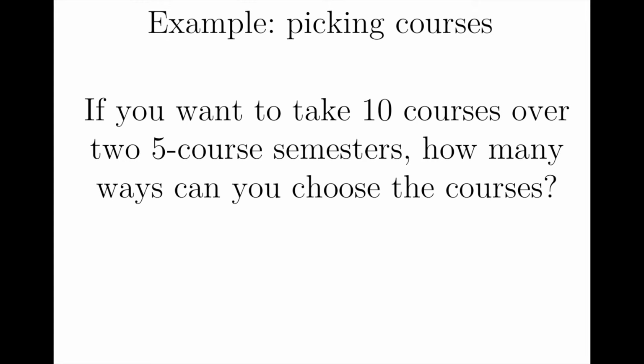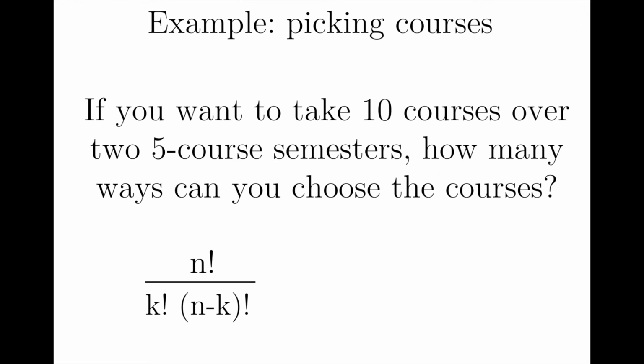For a more concrete example, we can think of picking 10 courses to take over 2 semesters, where you take 5 courses each semester. We'll assume that you don't have to take the courses in any specific order, and the courses are available any semester you want to take them in.